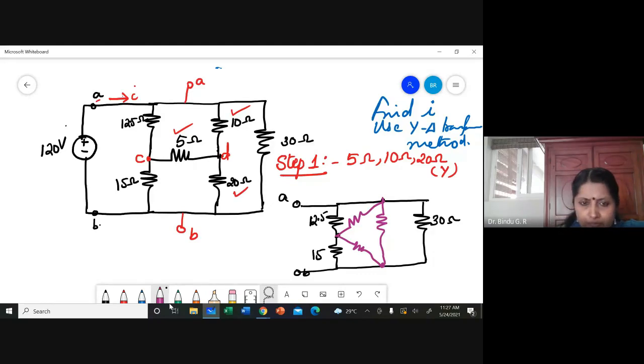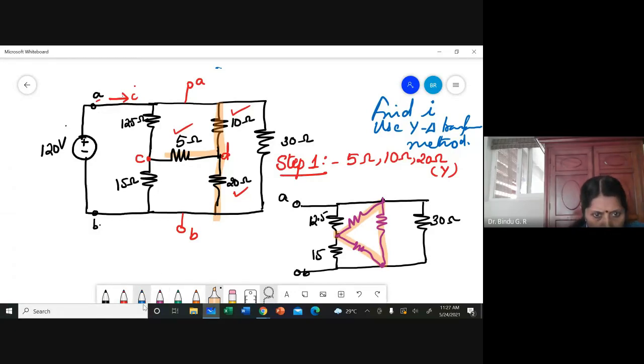Instead of this 5, 10 and 20, I am going to have this conversion done. Please find out what are the values that I have to write here.